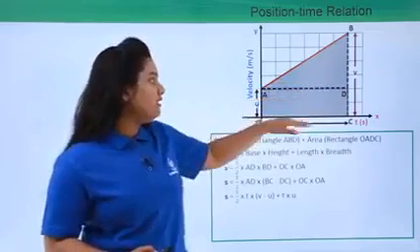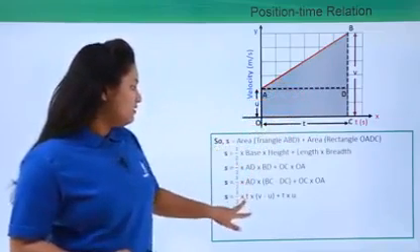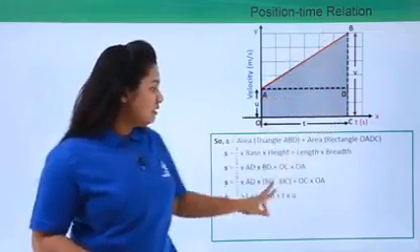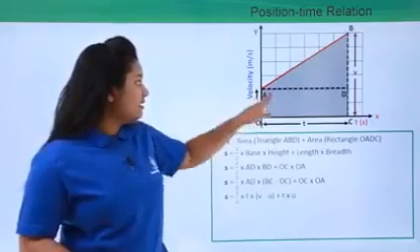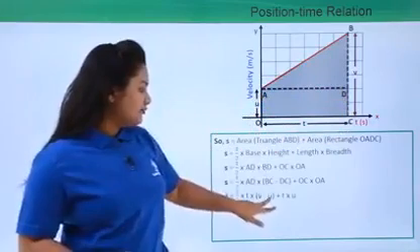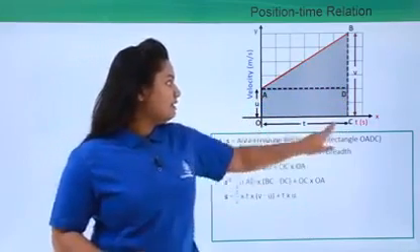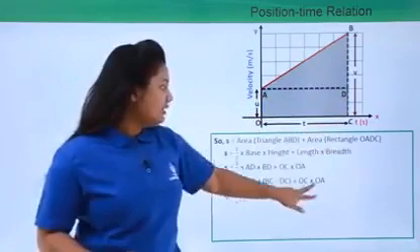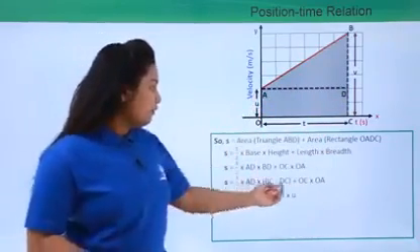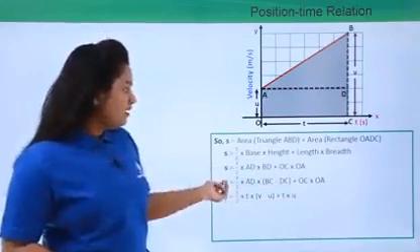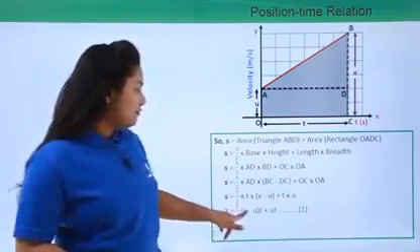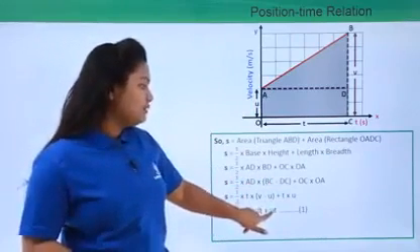So AD is equal to T. And we know BC, which is the final velocity, equals V. DC is equal to the initial velocity OA, that is U, and OC is T. So we have put all the values in this equation. Now, S will be equal to half (V minus U) into T plus UT.